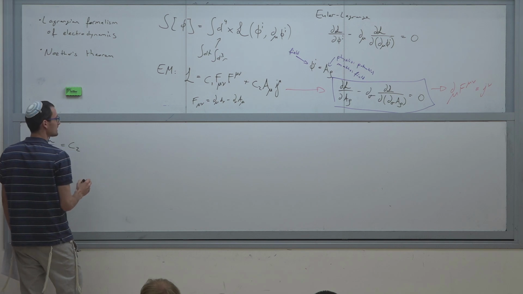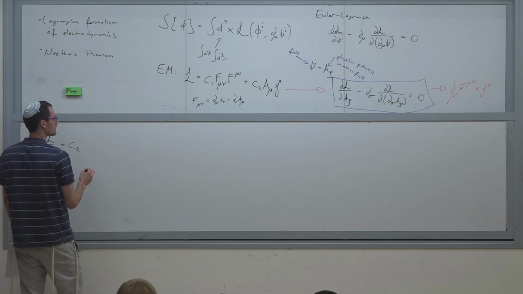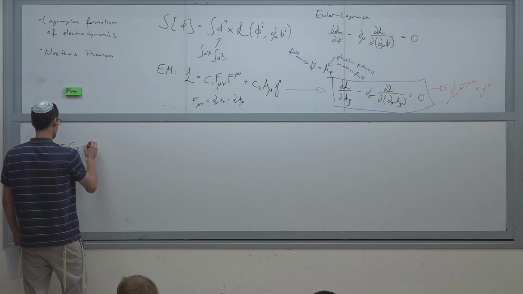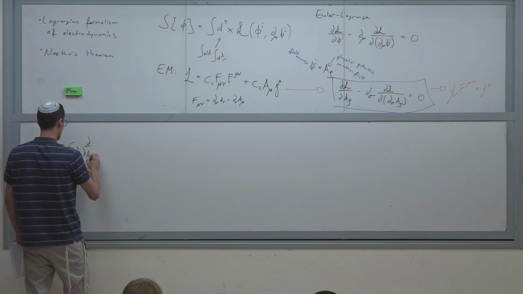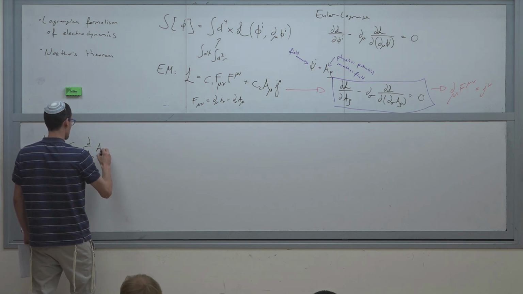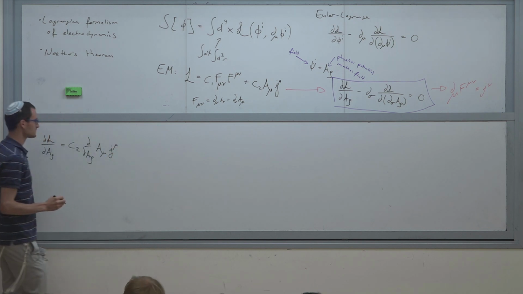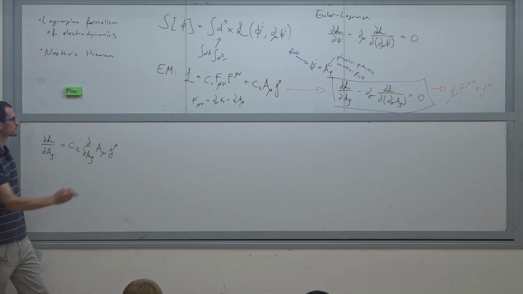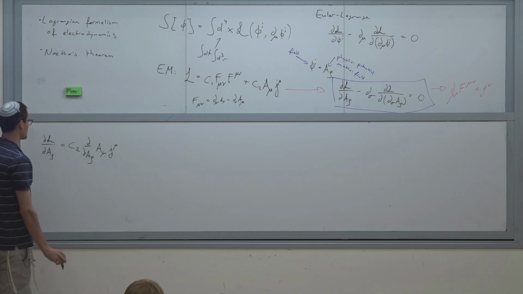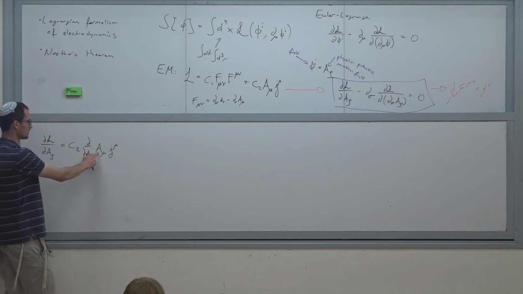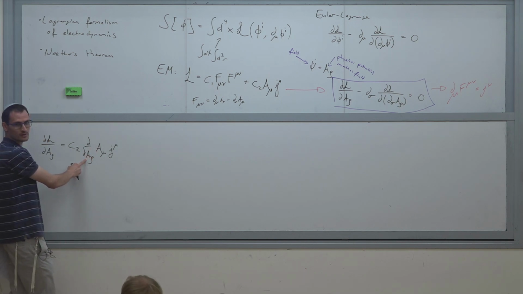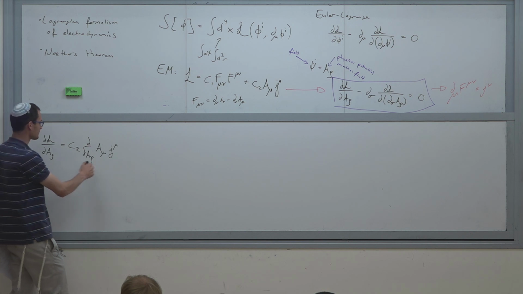So the first term totally vanishes, and I'm left with the derivative of the second term, which is C2 times the derivative of A mu j mu with respect to A rho. I haven't done the derivative yet, I've just cancelled the first part. And I want to take the derivative of A mu with respect to A rho. What do I get? You get a delta function.